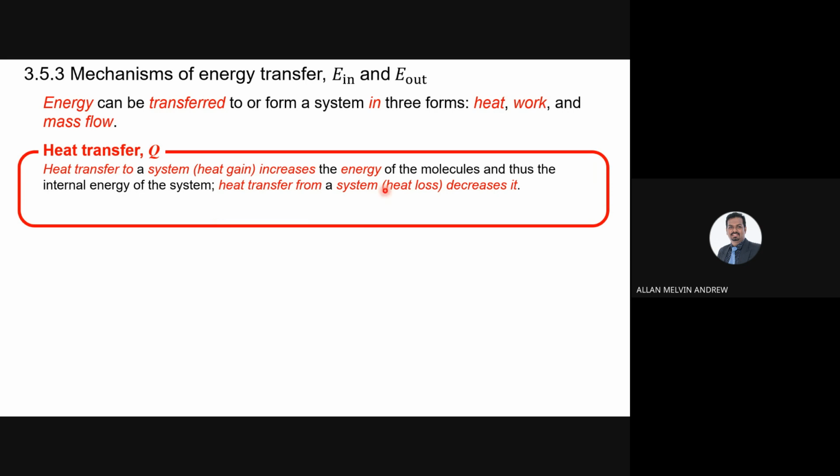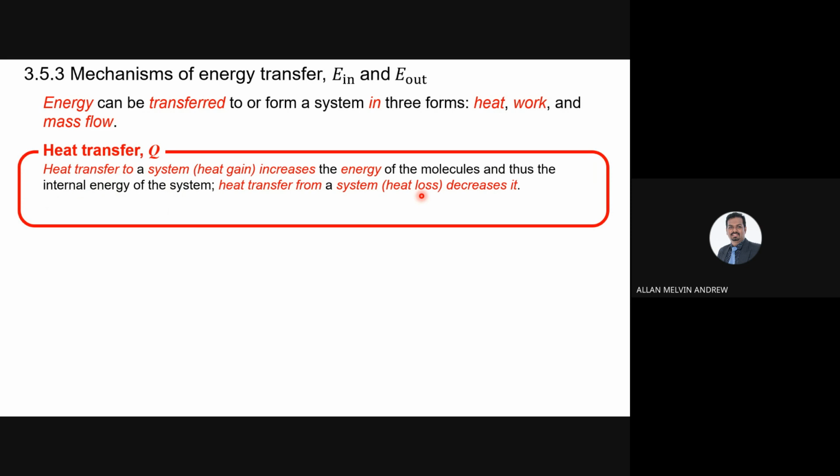As a result, the internal energy of the system will increase. That is what this statement is saying. When energy goes out from the system, we consider it as heat loss by the system, so the molecules move less vigorously because energy is lost.